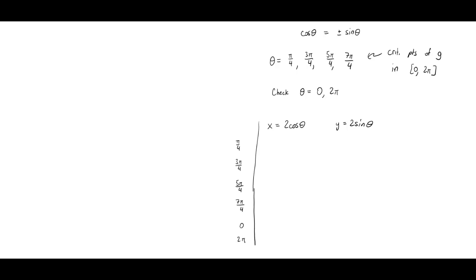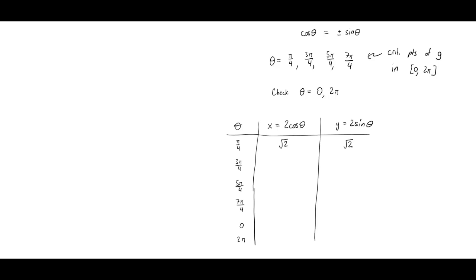So right now I'm just going to plug all these values of theta into my equations to get x and y. So let's see here. Cosine theta is root 2 over 2, so x will be root 2. y will be the same here.